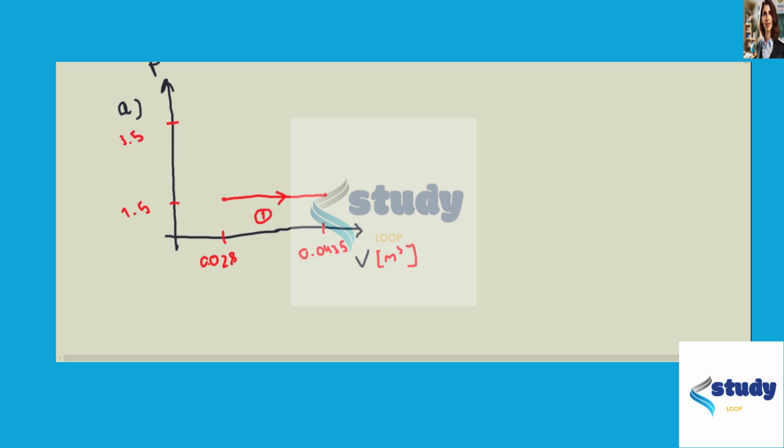So the units for the pressure on these PV diagrams are 10 to the fourth pascals. So it will change from here to this common point here, and the change is a straight vertical line, like this.